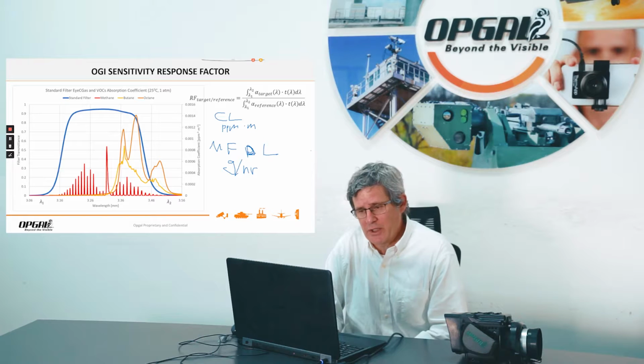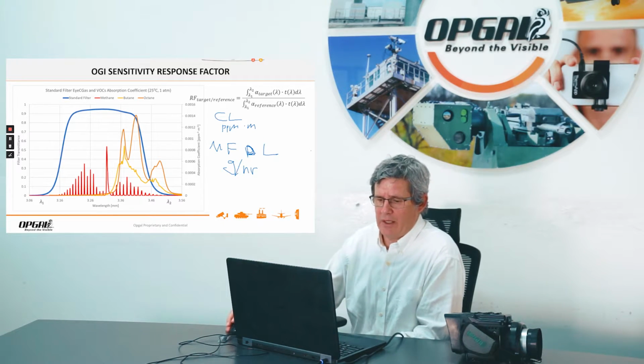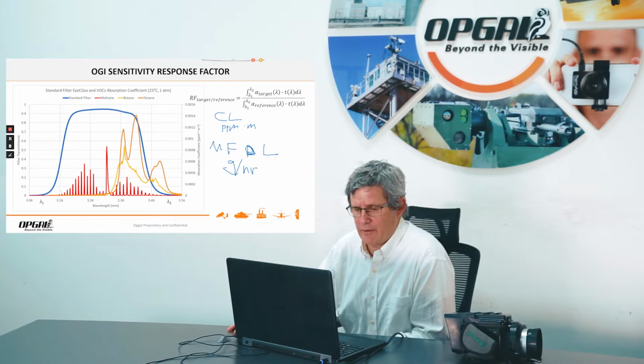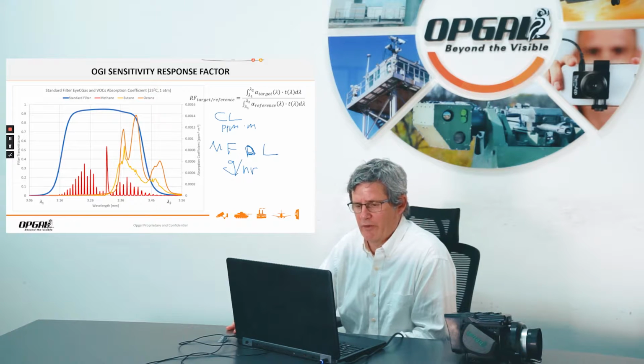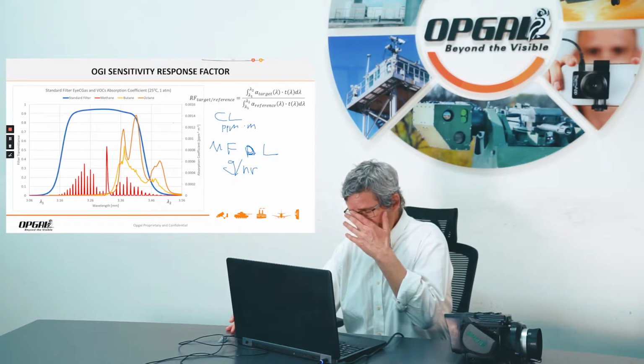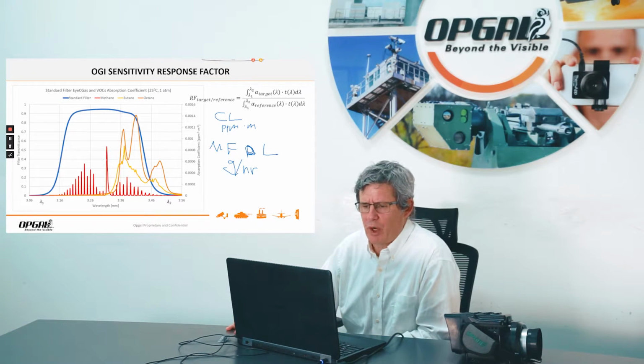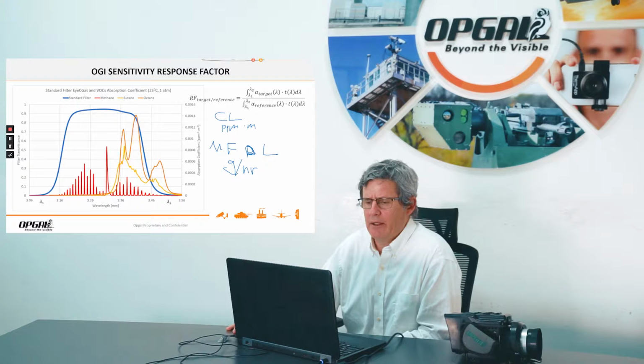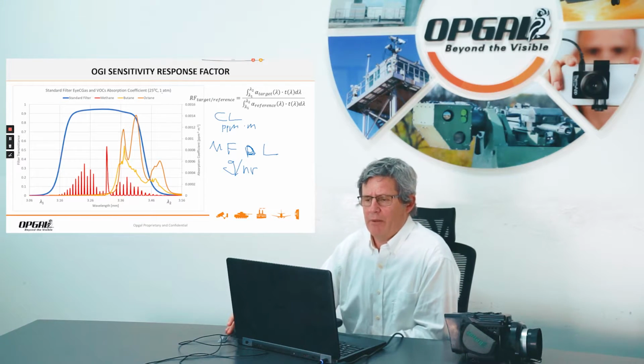What we have is information on the absorption coefficient of any gas in infrared thermal imaging, either in the mid-wave IR or in the long-wave IR. This graph is an example of three compounds: methane, butane and octane. The absorption coefficient curves were sampled at 1 atmosphere, standard conditions, 25 centigrade, and the concentration of these curves is per ppm.